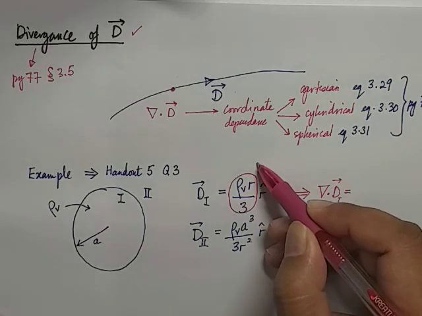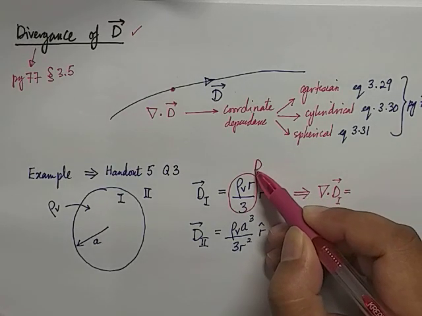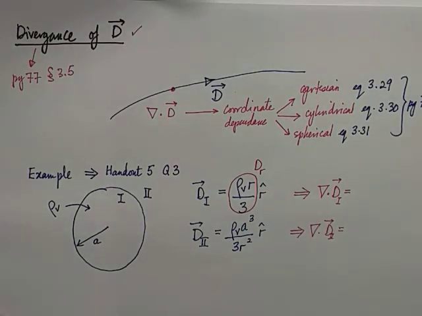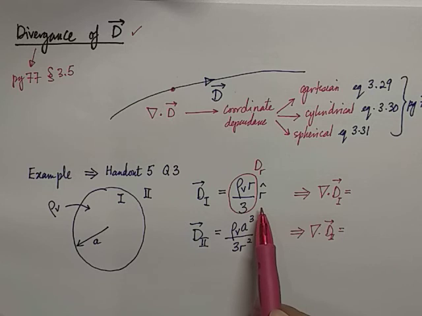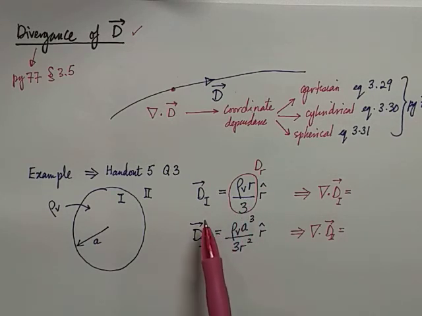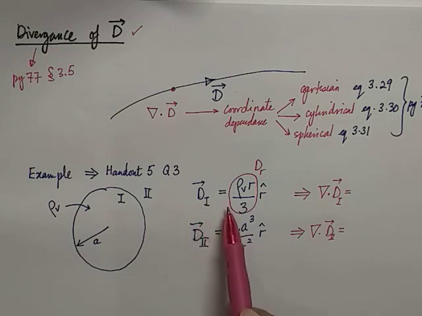Therefore, this is defined as the magnitude Dr. We can see from the solution that Dr only contains the r component of the spherical coordinate, and the magnitude of Dr is given by rho v r over 3. We don't have any representation with regard to the theta component as well as the phi component.